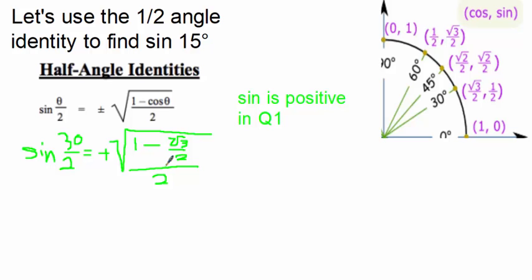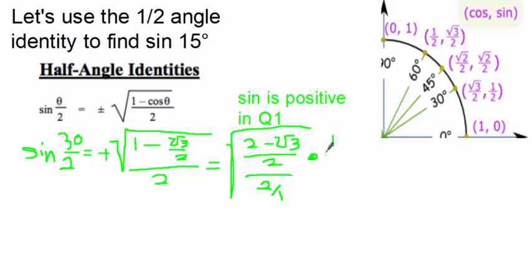So I'm going to start out with that. And I do need these two things to be under the same fraction. That's going to give me 2 minus square root of 3 over 2. I still have this guy, and I'm going to have to copy dot flip-flop him. That puts the 2 in the denominator.